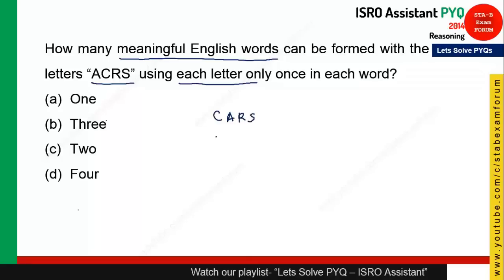The second one you can make is arcs, ARCS. The third word you can make is scar, SCAR. So these are the three words that we can form from these letters. So option B is the correct answer.